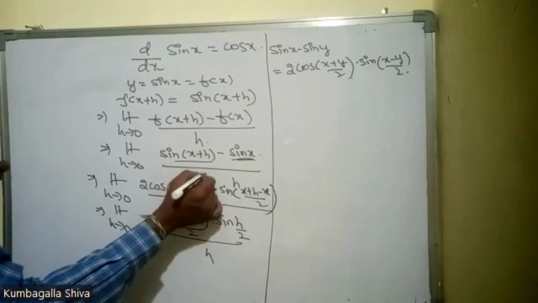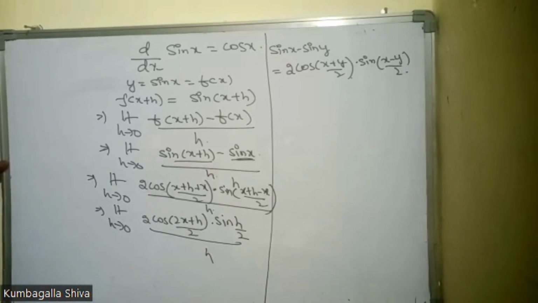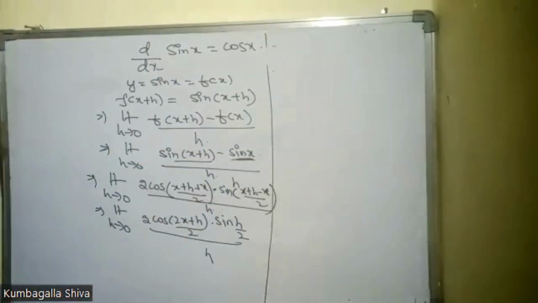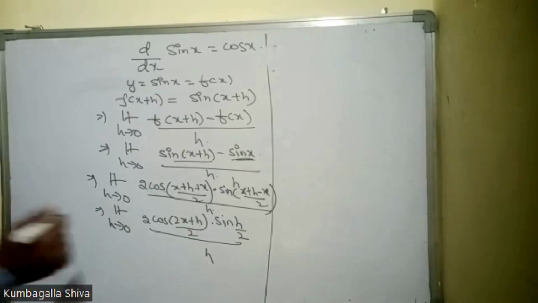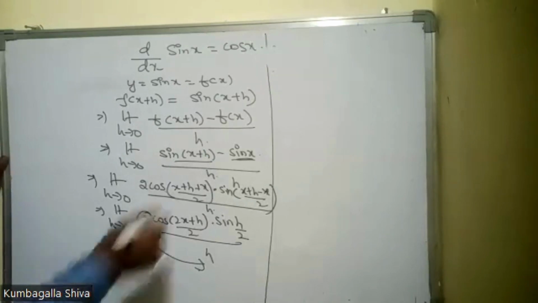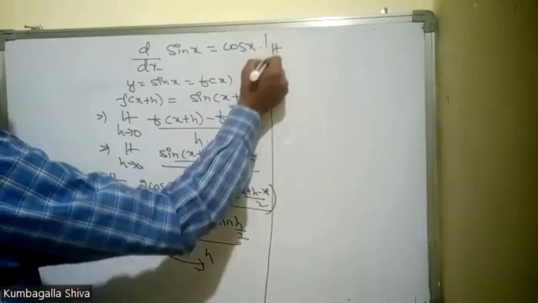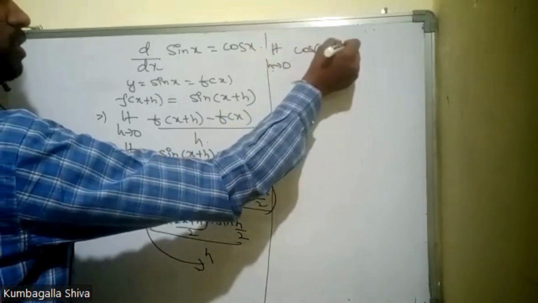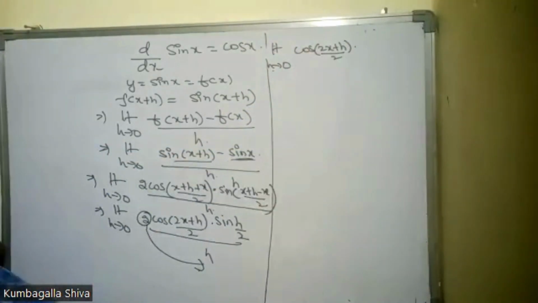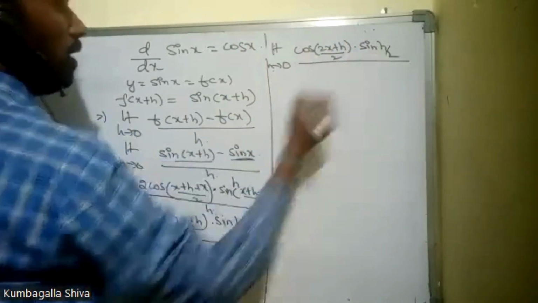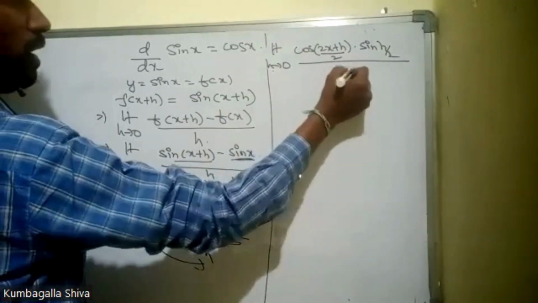Are we clear? Right. Now I got the expression, and I take this 2 down here. Limit h tends to 0, cos of (2x plus h) by 2 into sin h by 2 by h by 2.